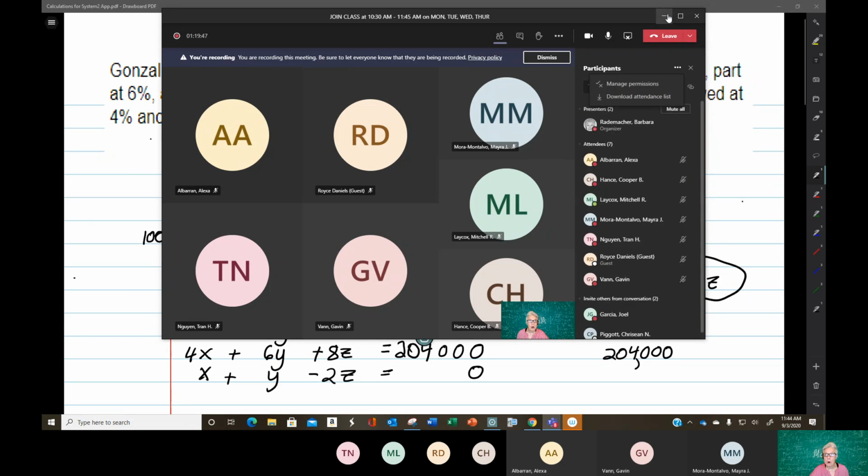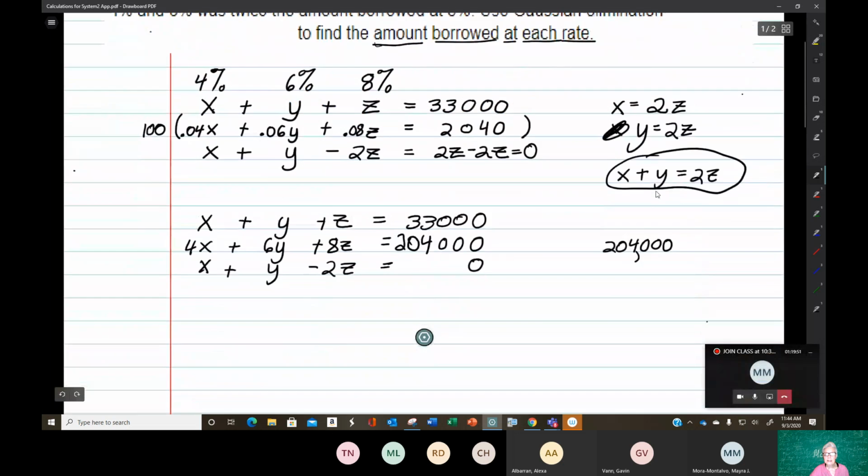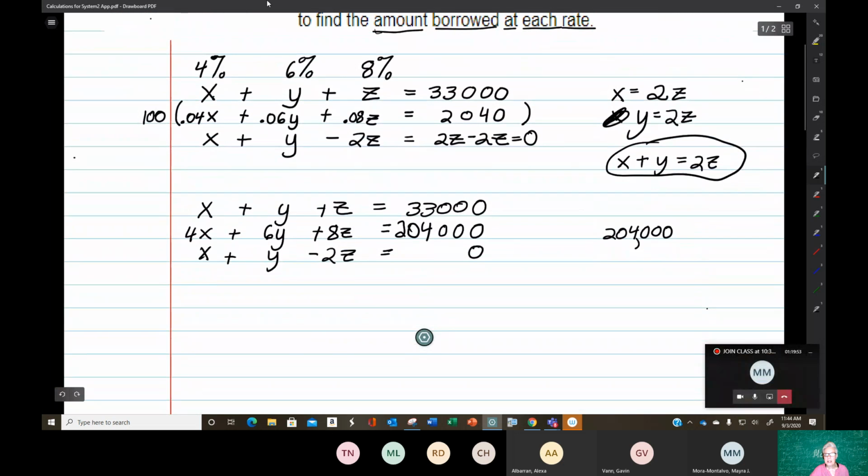Okay, so you can see right away that there would have been a quicker way. We would have gotten 11,000 right away for Z if we had just said, okay, well, if X plus Y are 2Z, then we would have 2Z plus Z, that would be 3Z, equals 33,000.